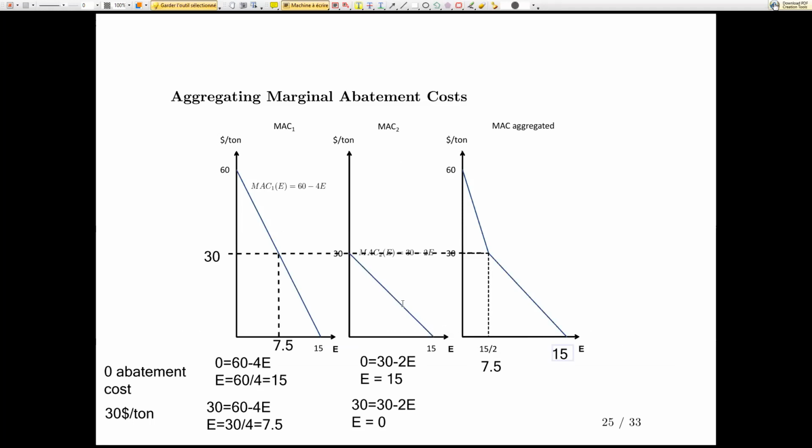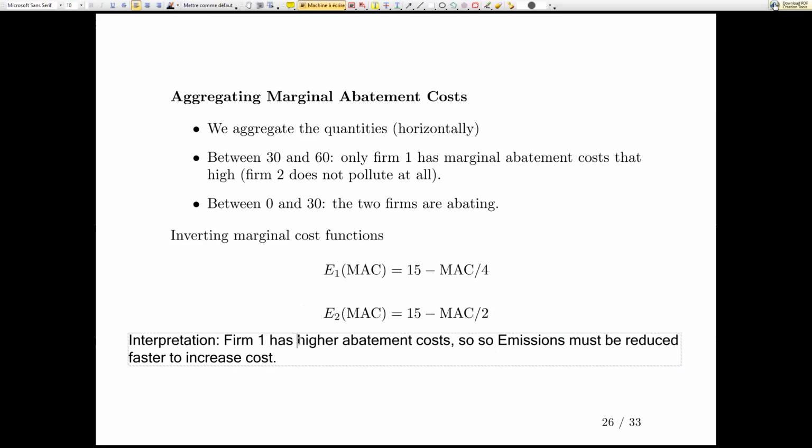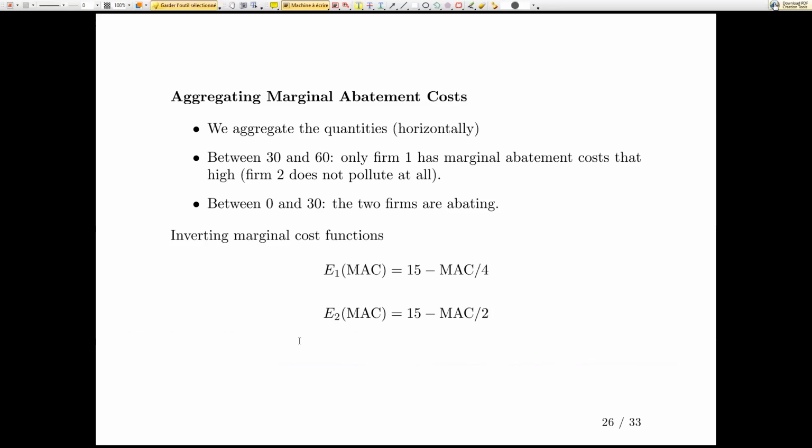So it means that if I increase the cost, then the emissions can reduce very, very quickly, whereas here, if I increase the cost, then the emissions reduce slowly. Oh yeah, right, not reduce faster actually. Maybe I shouldn't write this. It's not super helpful. I'm trying to think of a good interpretation for you, but I think it's more confusing than anything.